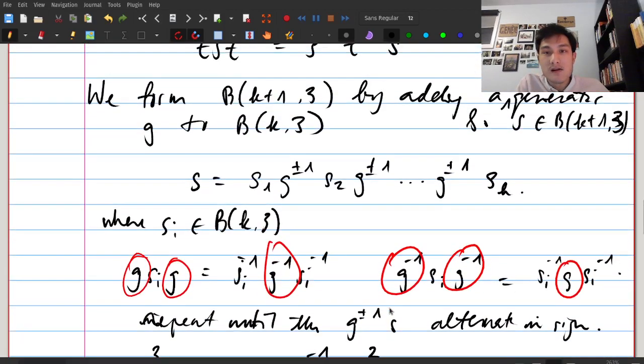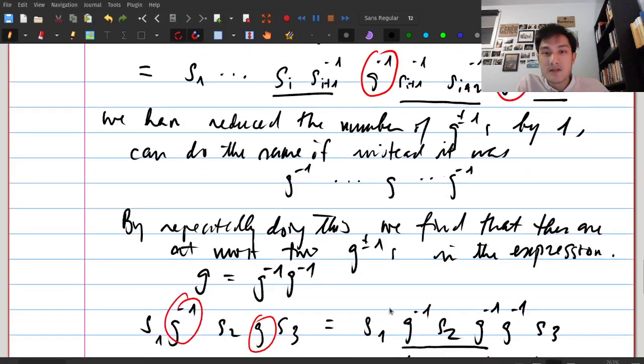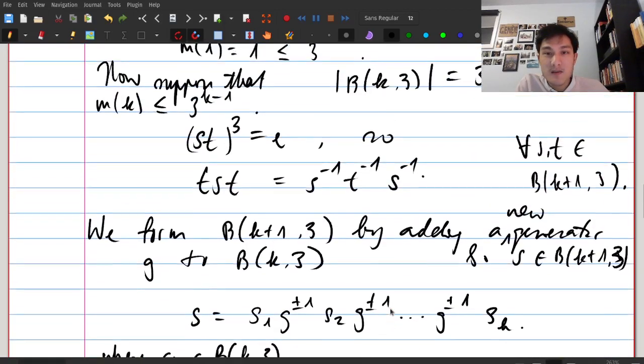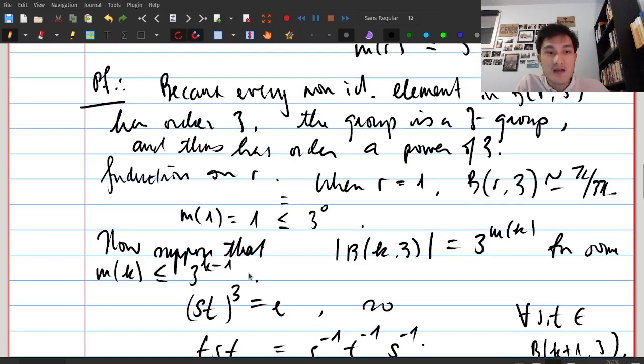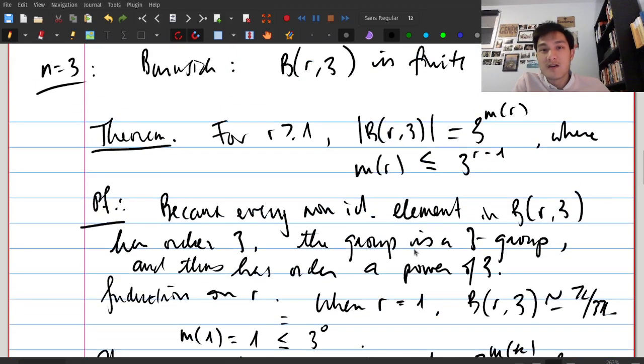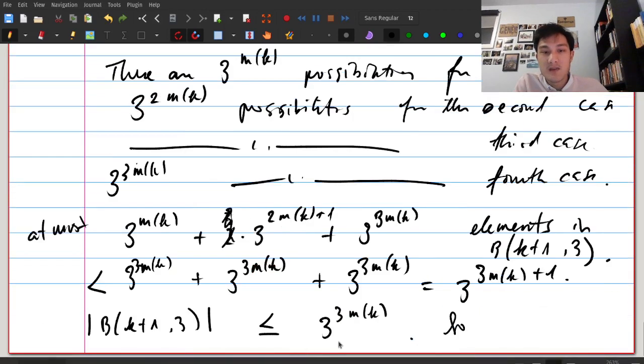Because we already showed above that, where is it? What was the induction hypothesis? Induction hypothesis was that mk is less than or equal to 3 to k minus 1. So you times it by 3, and then you add 1 in the exponent, sorry. And so mr is less than or equal to 3 to the r minus 1 for all r. That's really what we've shown down here.